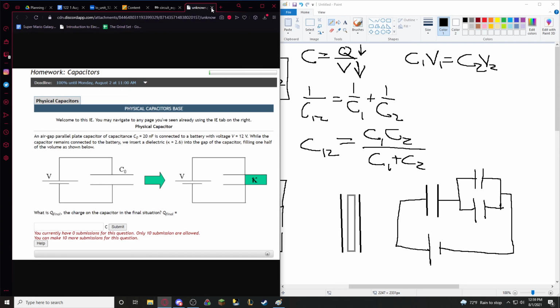Double? It's either double or half. 1.3. Remember, it's half the dielectric constant, kappa. So yeah, 1.3. So that means the charge would have to increase 1.3 times. So essentially, we just have to calculate the initial charge and multiply it by 1.3.